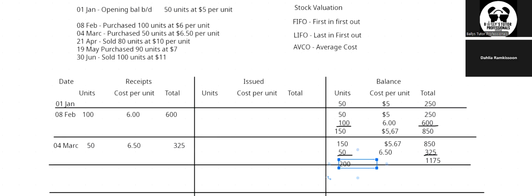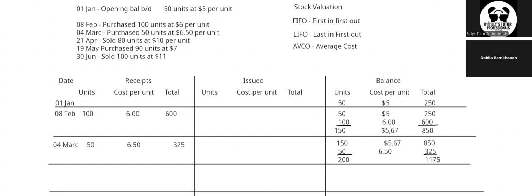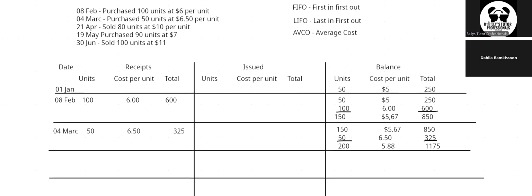So it'll be my total cost divided by my total units. 1,175 divided by 200, which is $5.88. That is my new cost per unit. You understand so far? Yeah.